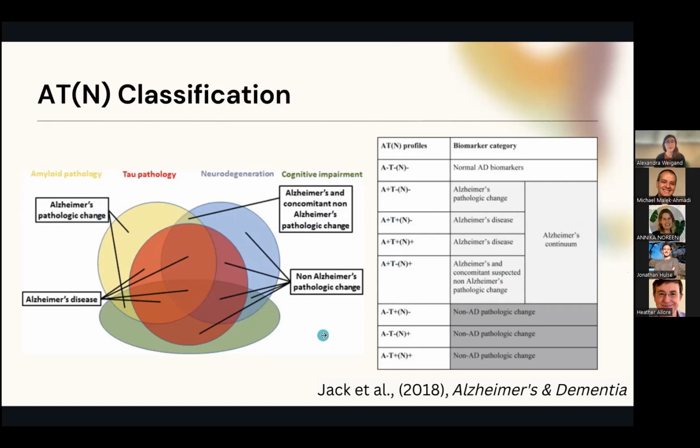And one really important thing here is that you'll notice that in order to obtain these classifications, we have to binarize them into positive and negative values or groupings in order to create these stages and these classifications.